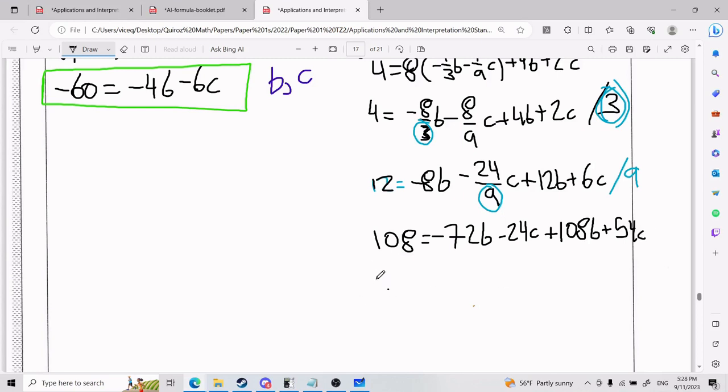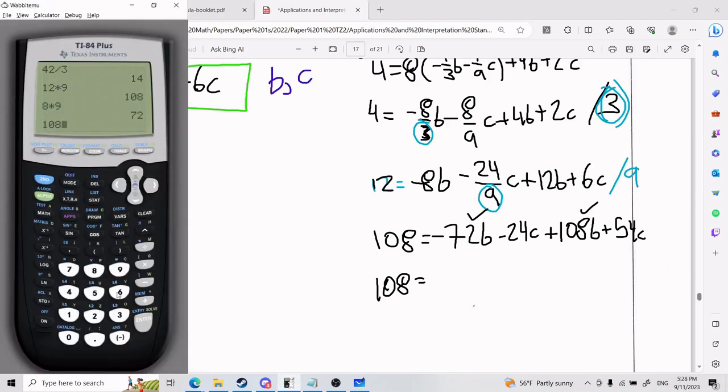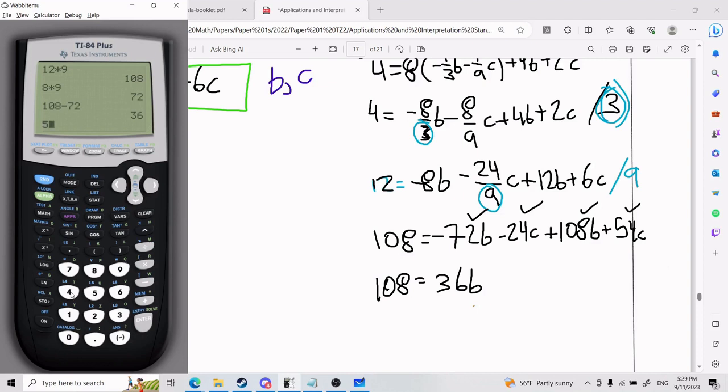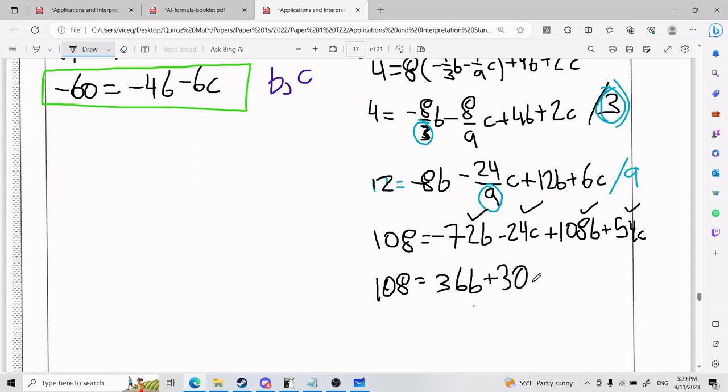So now I can combine like terms, so 108 stays alone over here. B with B is going to give me 108 minus 72, which is 36b. And combining the c's, I end up with half of 54, it's just going to be 30. Okay, cool. So I end up with plus 30c.